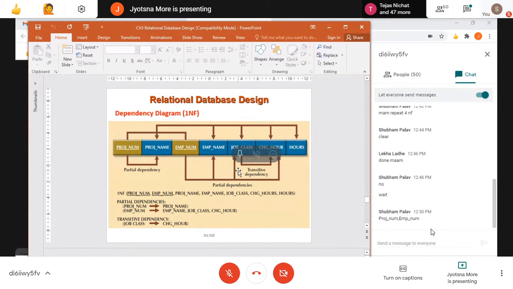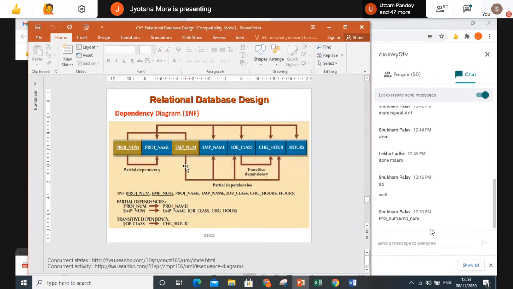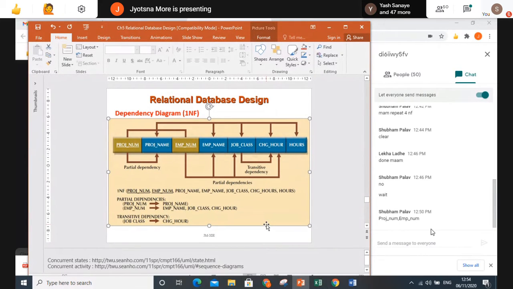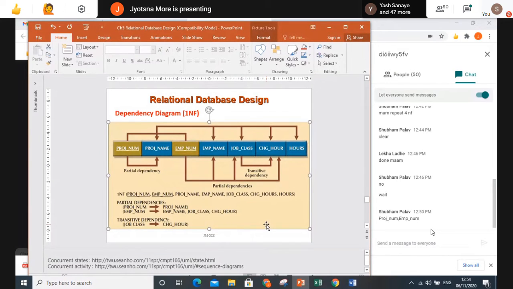F3 colon, the third one we are going with. Here we have employee number. So write down employee underscore number. It determines employee name, job class and charging hours. So employee number determines, meaning arrow, employee name, job class and charging hours.